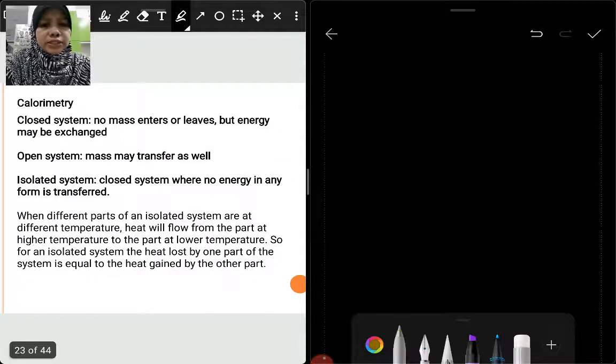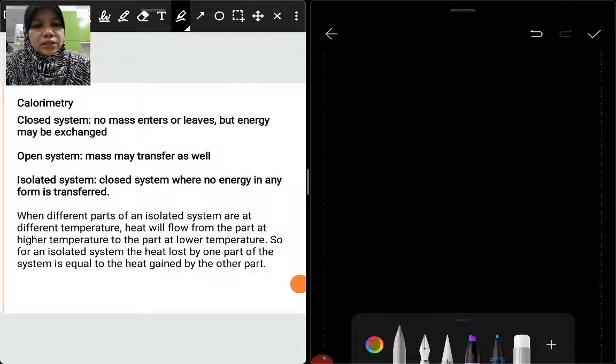Now we go to calorimetry. Let us see the definition first about closed system. Closed system means no mass enters or leaves but energy may be exchanged. And for an open system, mass may transfer as well.